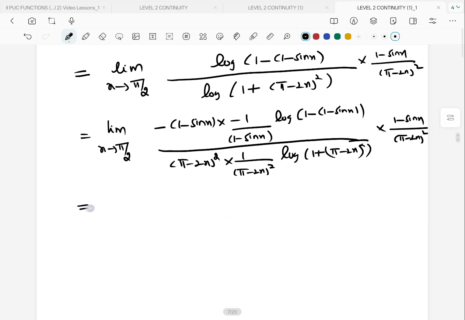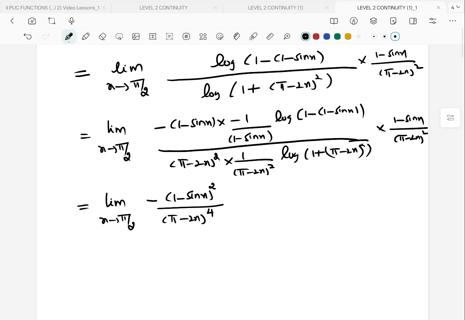Okay. This is limit x tends to pi by 2, minus of 1 minus sin x into 1 minus sin x is (1 minus sin x) the whole square. Okay. Next, (pi minus 2x) the whole square into (pi minus 2x) the whole square, (pi minus 2x) whole power 4.